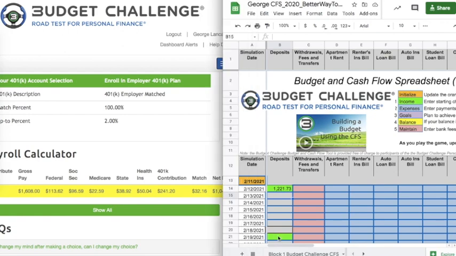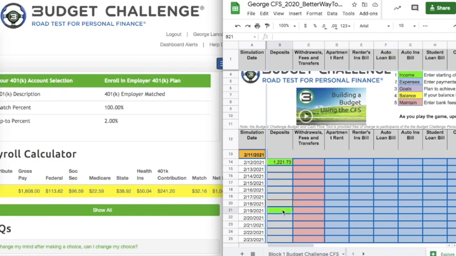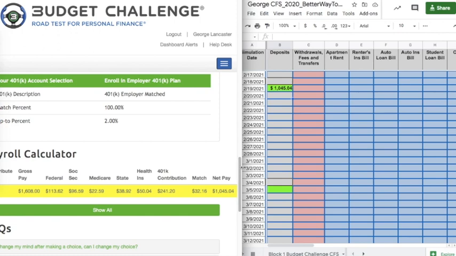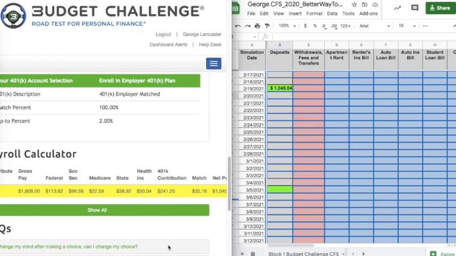So right here, I'm going to put $1,045.04. Whoops, that's the wrong cell. Let me try that again. Here. And then I'm going to go to all the green cells after that and put in that same amount because that's how much I get paid every 2 weeks.